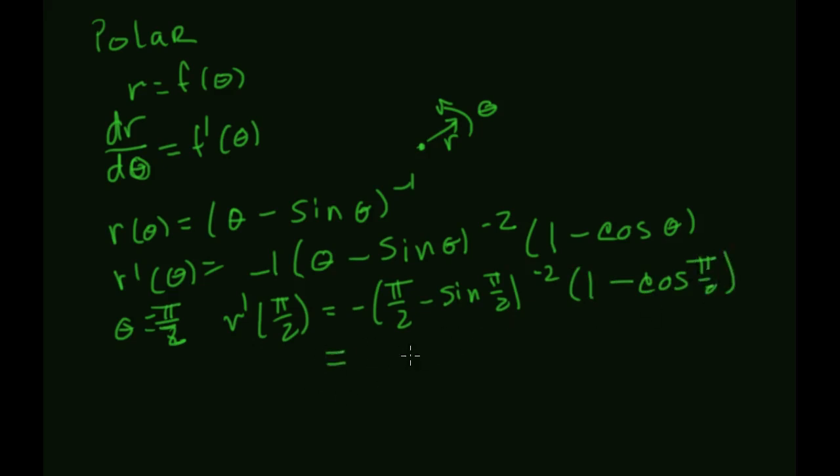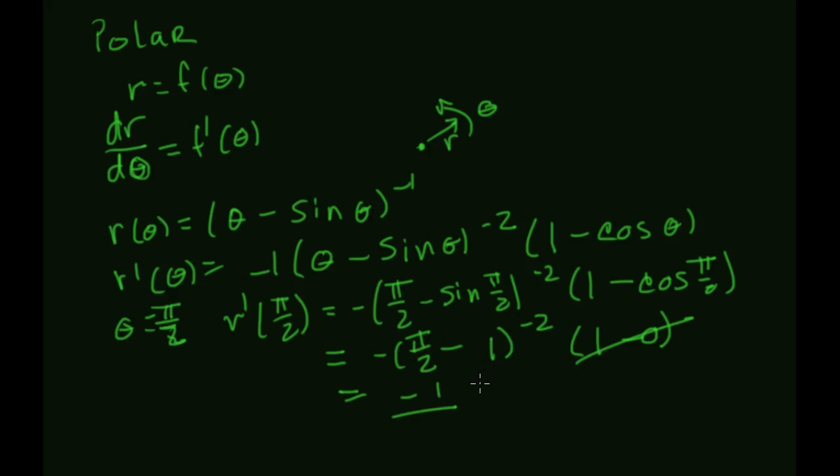Simplifying here, this gives me negative pi over 2 minus, well, sine is 1, and this is 1 minus 0. So that just goes away because that's just multiplying by 1. So this is -1 over pi over 2 minus 1, squared.